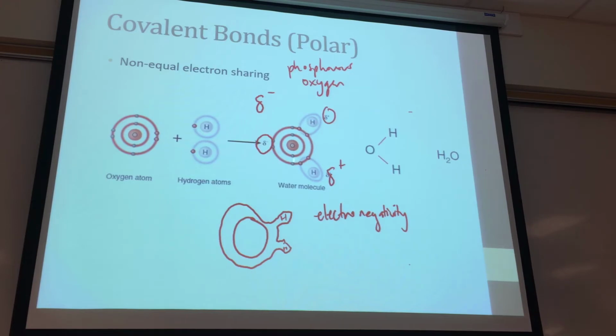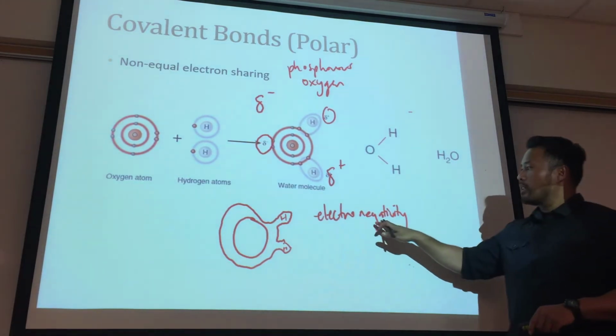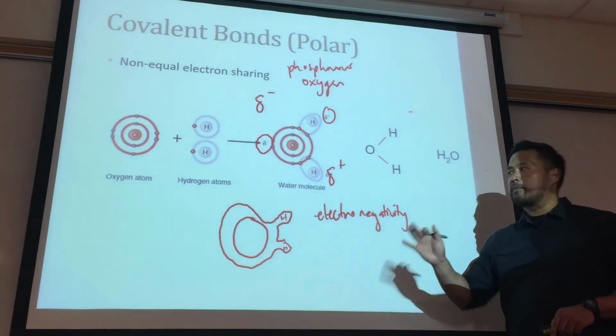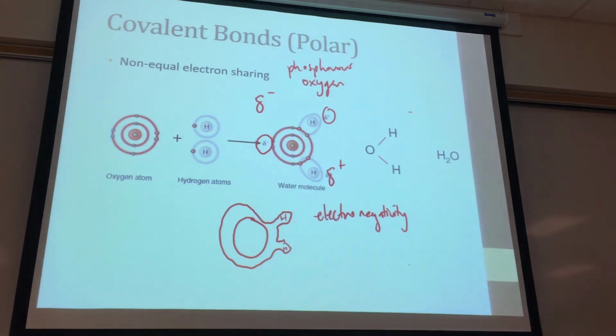So, because the electrons spend more time around the oxygen, that produces a polar covalent bond, or a molecule with electronegativity, a side that happens to be a little bit more negative. And when you look at other water molecules surrounding, this is electronegative, and this is electropositive.